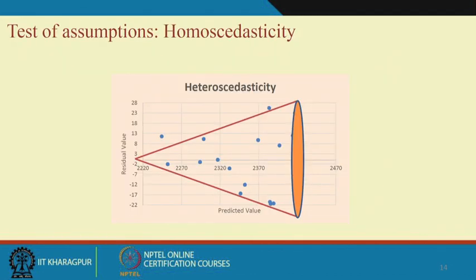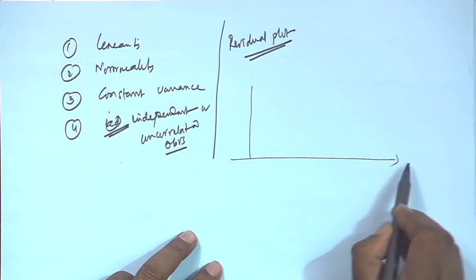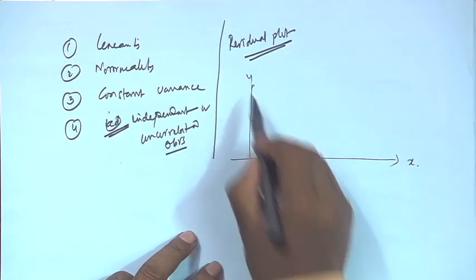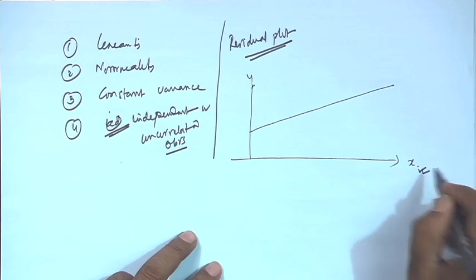Now, the second one is heteroscedasticity. It is nothing but the error variance not being constant over x. If you recall my first lecture, suppose this is x and this is y, and we are fitting a regression line with only one predictor.